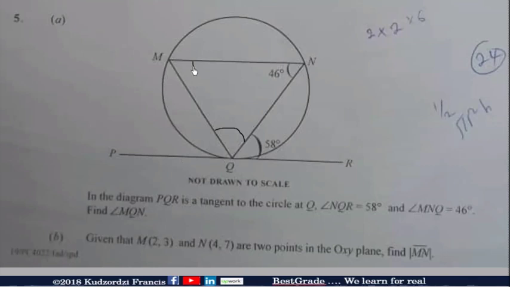So this angle is 58 and it is equal to the angle created over here. So this is also 58 degrees. Also, the angle over here is equal to this angle, which is also 46 degrees.